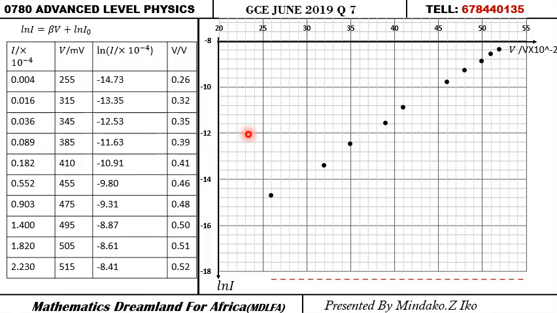But on our scale, one small box is 0.4. So I'll take 0.4 plus 0.4, this plus this. I'll have 0.8.